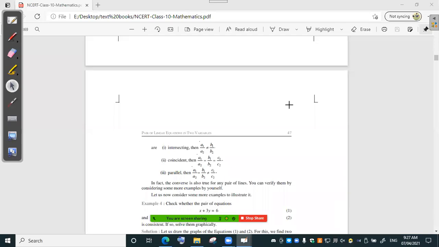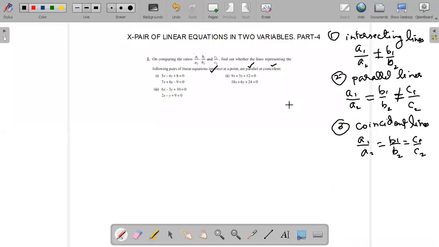Now we will have to check the conditions for the given pair of lines in question number 2. So first, question number 1 is 5x minus 4y plus 8 is equal to 0.